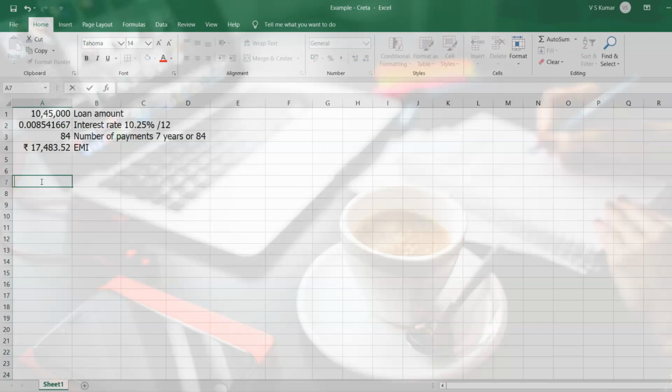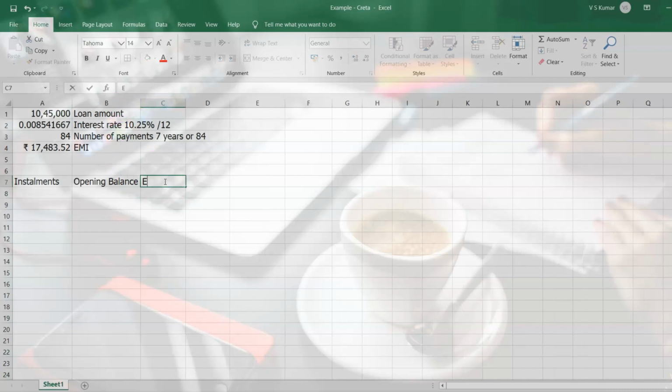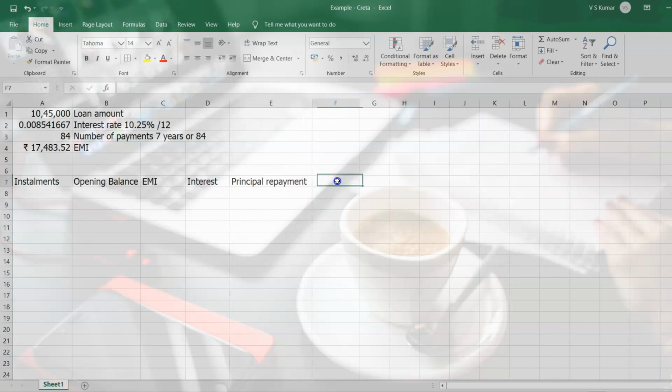So installments, opening balance, EMI, interest, principal repayment, closing balance.